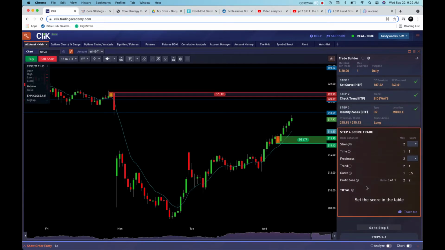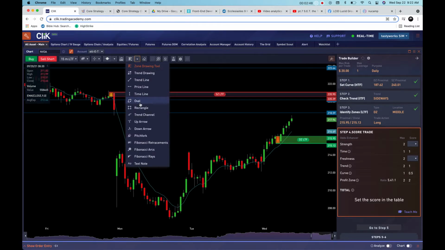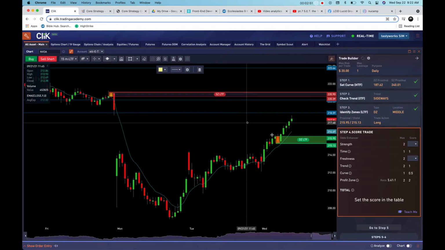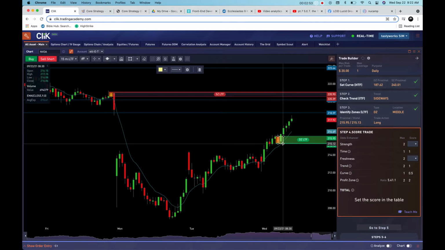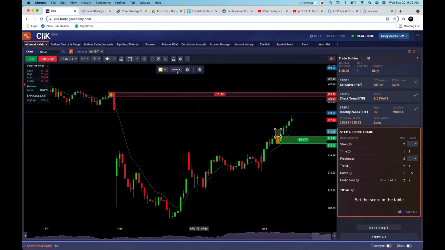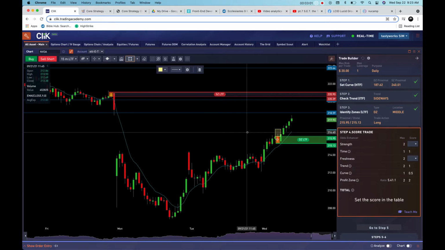So now we're going to score this trade. We're just going to basically do the same thing we did the first time. We're going to check the zone for strength. Did it move out greater than 2 to 1? It looks like it might have.